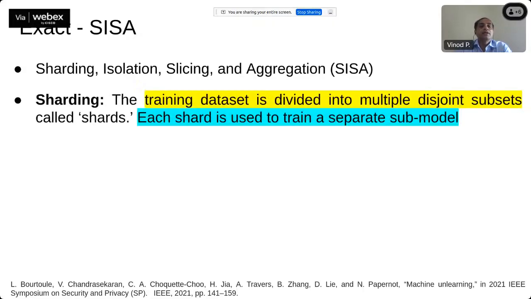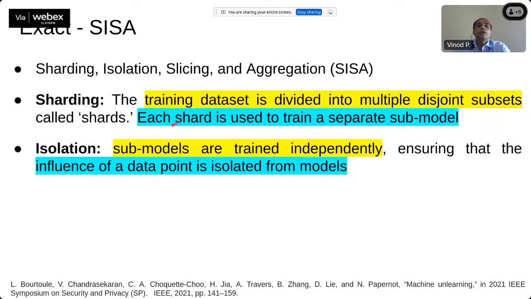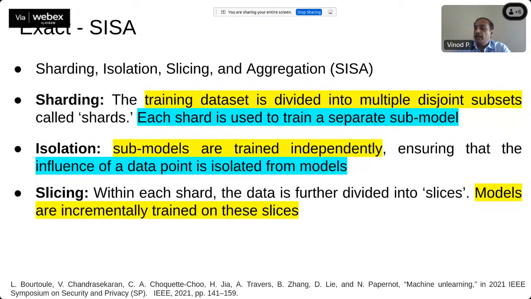To summarize, sharding means dividing the training data into multiple disjoint sets, and taking each disjoint set, which is called a shard, and training a separate model. Each submodel is trained independently so that the influence of one data point in a specific shard is not reflected in the others.